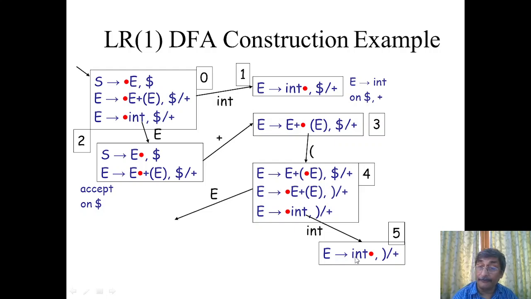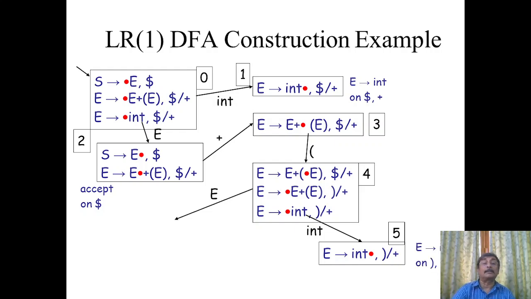If you are at 5 and your input symbol is this one, then you have this reduction. But if you are in state 1 and you have input symbol as closing parenthesis, you cannot use this reduction. So when to reduce is very clearly answered. Look at these lookahead symbols. On those symbols, you can reduce, not on anything else.